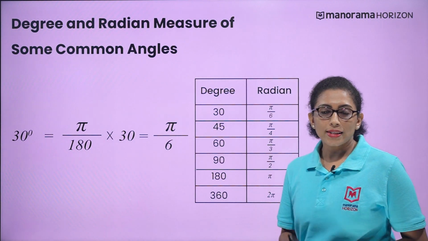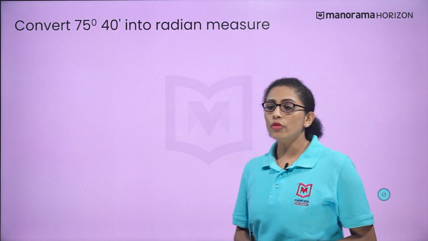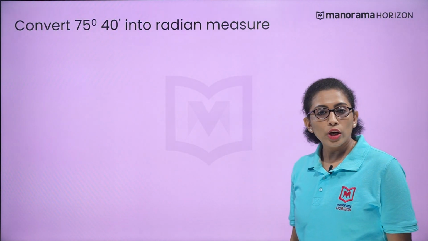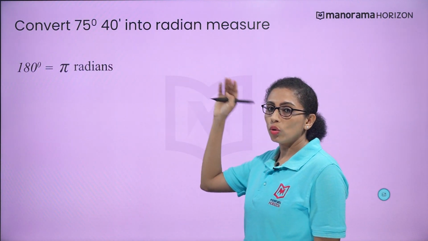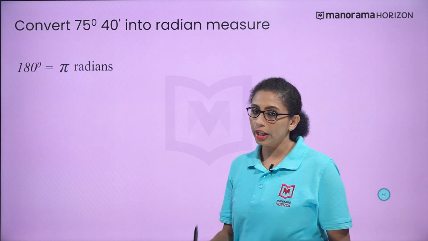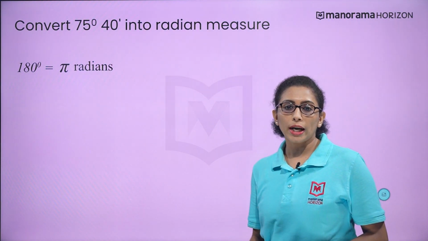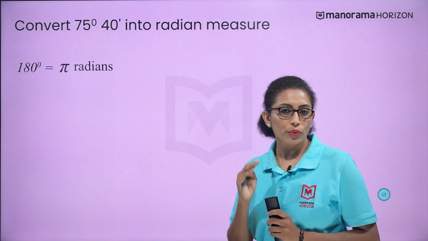Let's see one example for better understanding. Convert 75 degree 40 minutes into radian measure. We know 180 degree is equal to pi radians. We need to multiply the given degree measure with pi by 180 in order to convert it into radians.